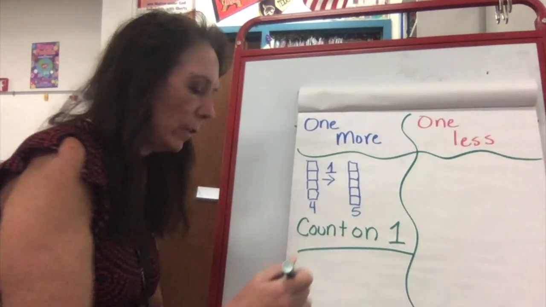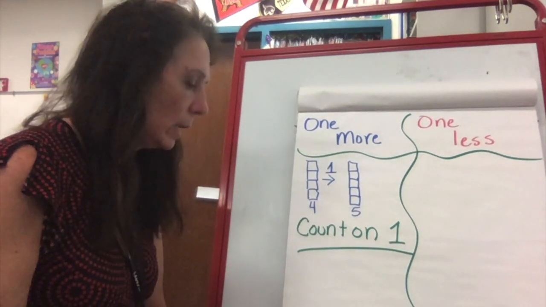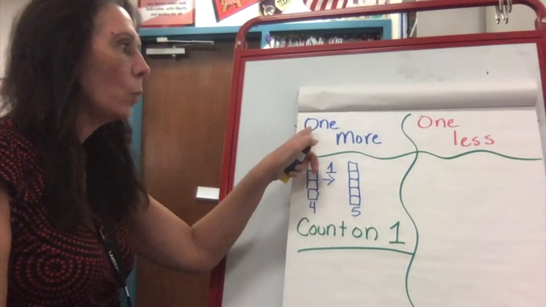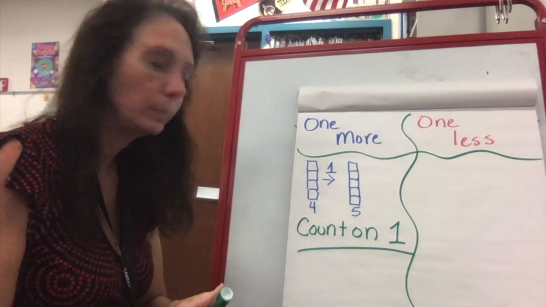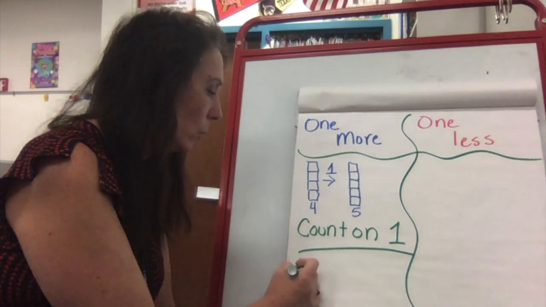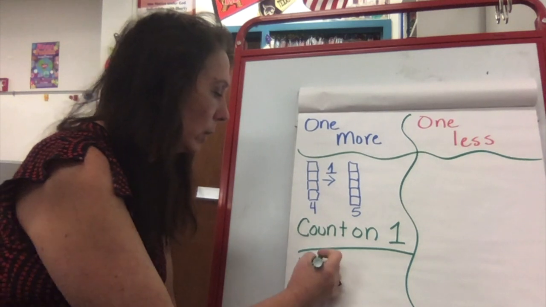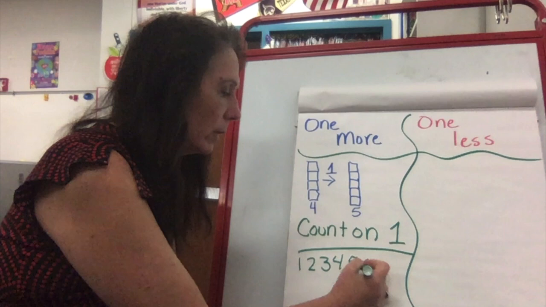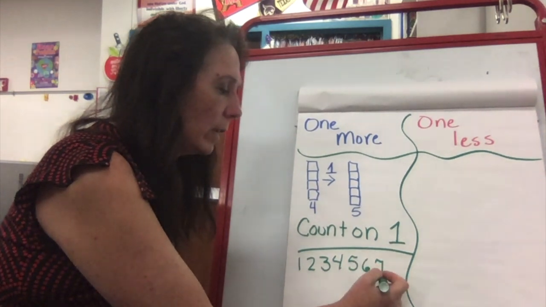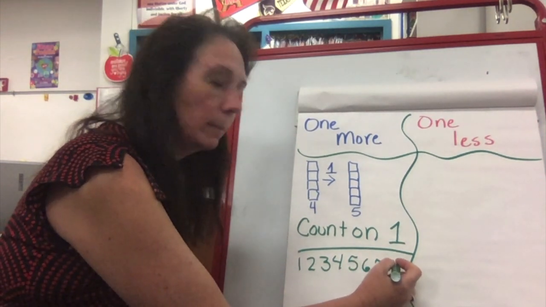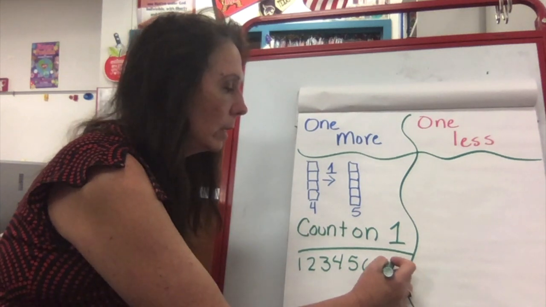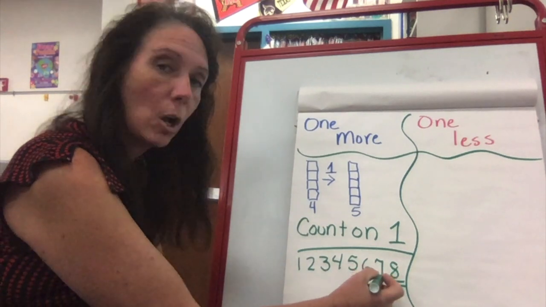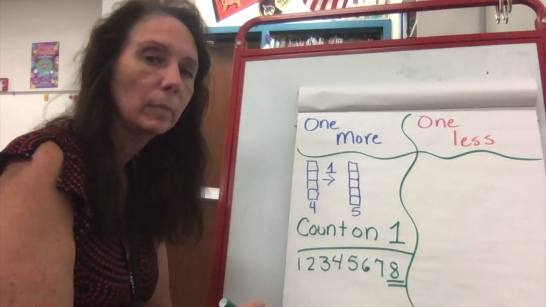So when I think about that, if I were thinking about the number 7, and I said, what is 1 more than 7? Well, I can think, 1, 2, 3, 4, 5, 6, 7, and 1 more would be, very good, 8. So I counted on. I went 1 more and counting on.